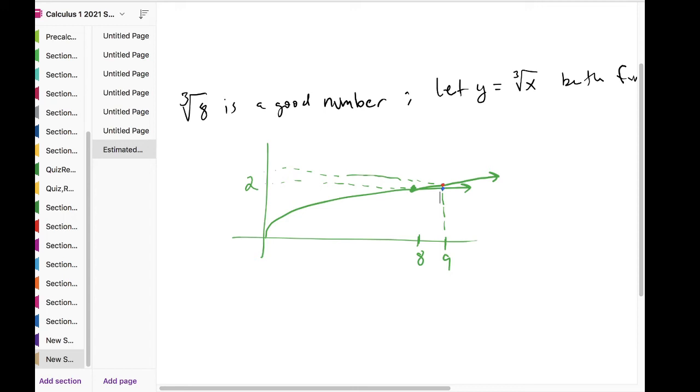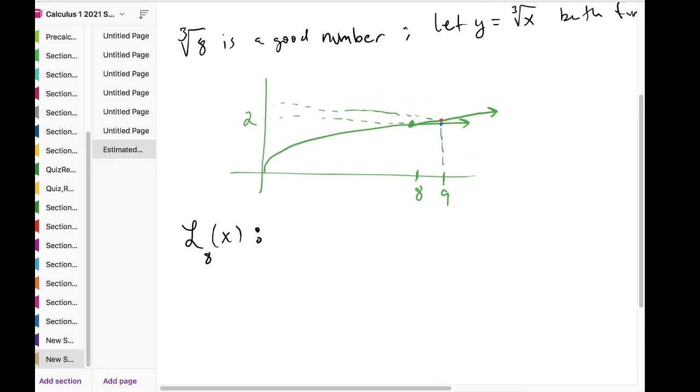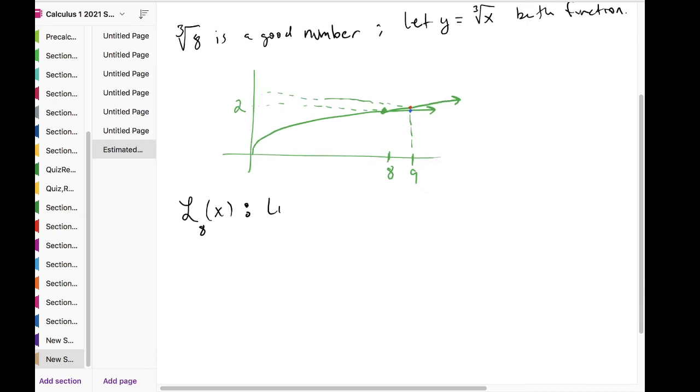Okay, so what we're trying to find is L of x, centered at 8. So we need to find the linear approximation of cube root of 9 centered at a equals 8.